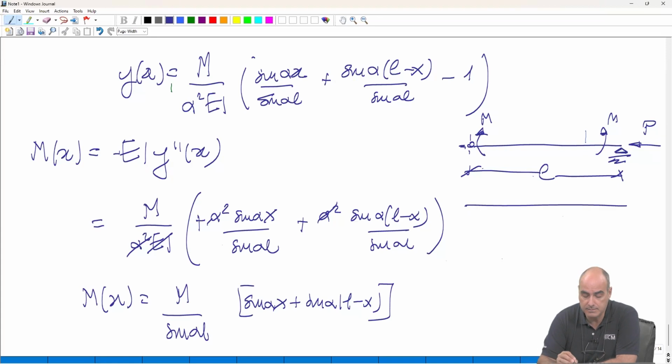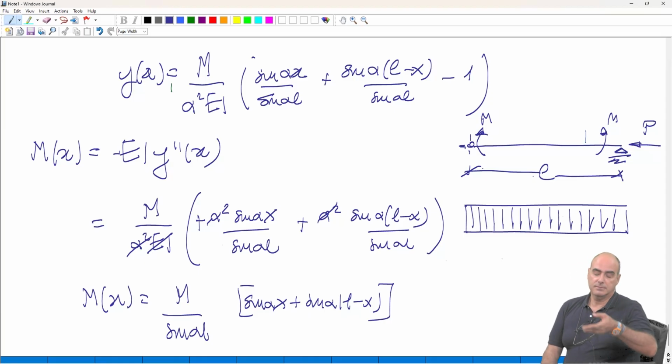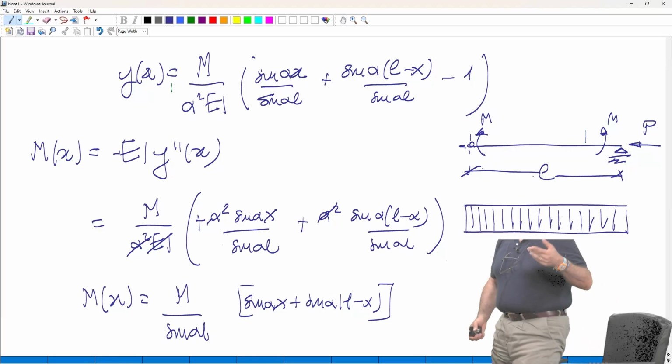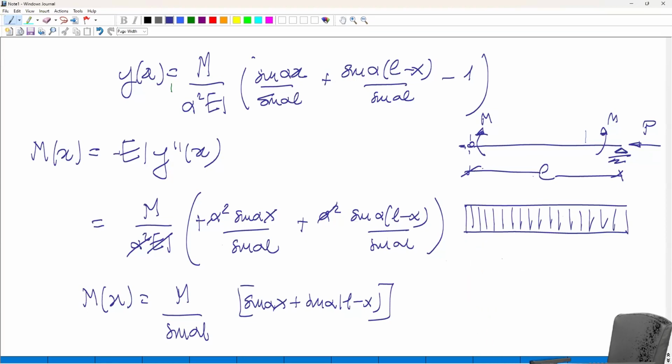It's something like this. What is the diagram of the bending moment for that one? It's an exercise: you can draw it from the formula, or you can open your computer, any MathCAD and so on, and you draw it. But the question that we must ask ourselves is this.